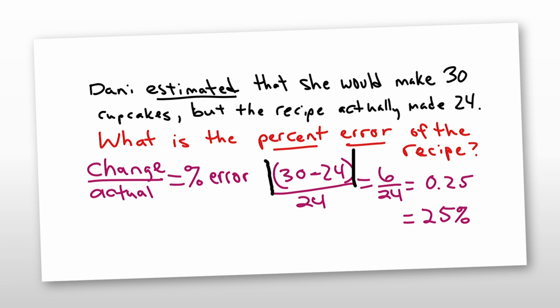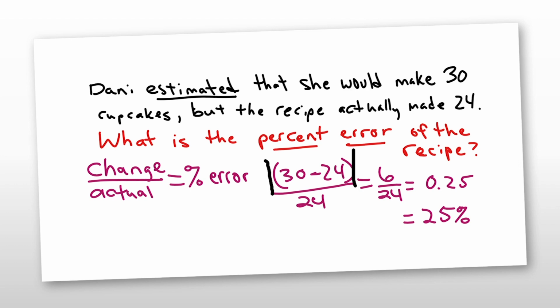So you take the absolute value of 30 minus 24, which is the difference between the estimated amount and the actual amount of cupcakes that were made, and divide that by 24, which is the actual amount of cupcakes made. 6 divided by 24 is equal to 0.25, which is 25%. So the recipe was off by about 25% in stating that it would make 30 when it actually only made 24. And that is your percent error.